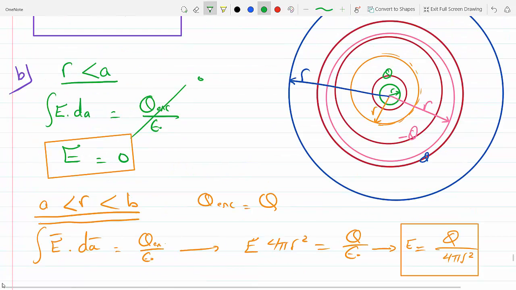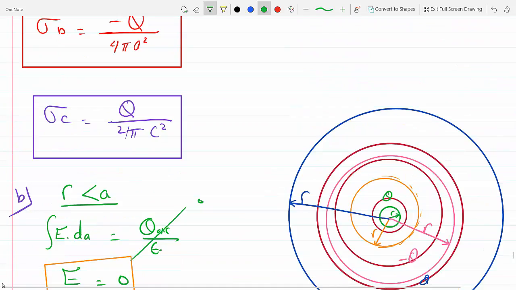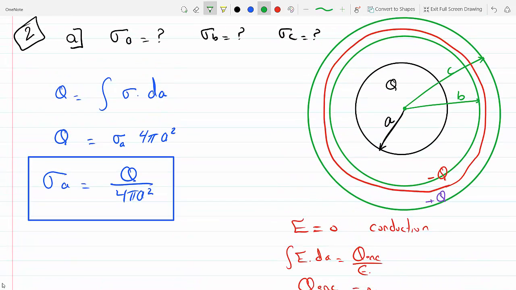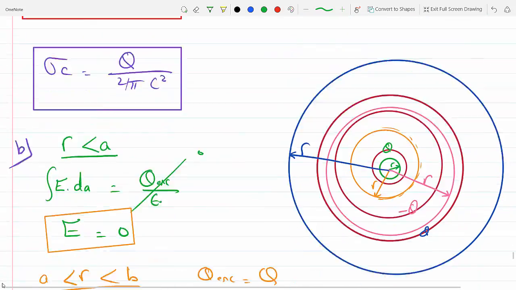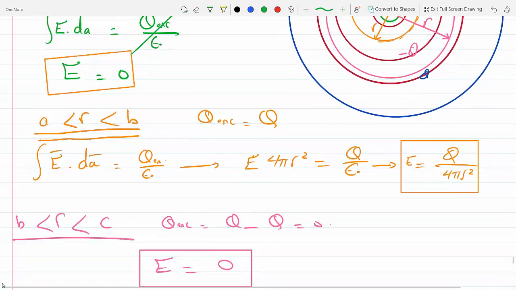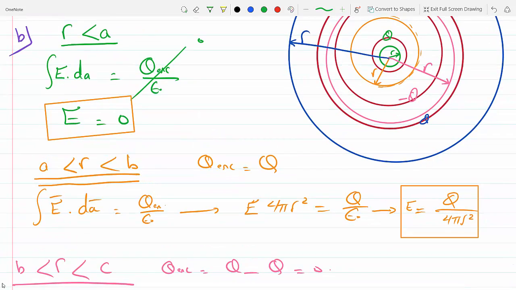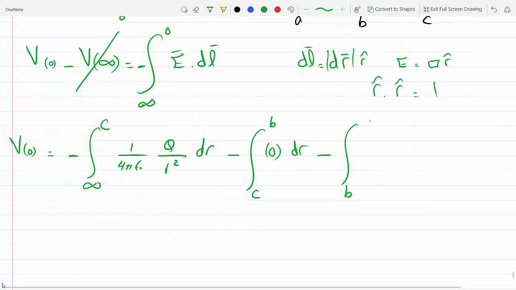Between A and B, the electric field is Q over 4 pi epsilon R squared.